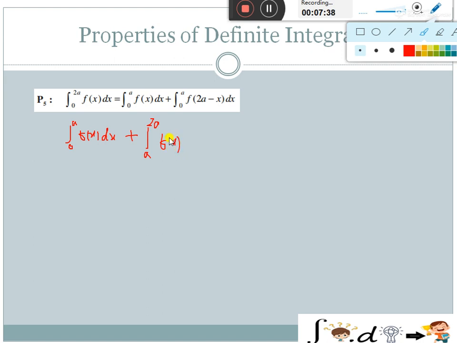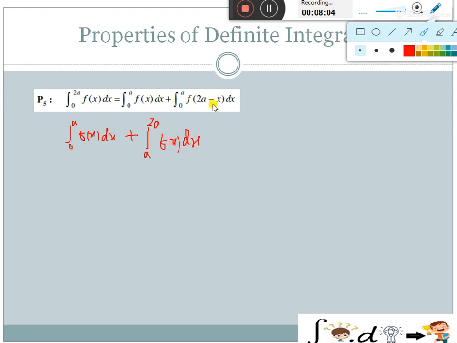As when you compare this, the first part is the same, 0 to a fx dx, and the second part is not the same: 0 to a f of 2a minus x dx, and here we have a to 2a fx dx. And now we have to prove this part by substitution.